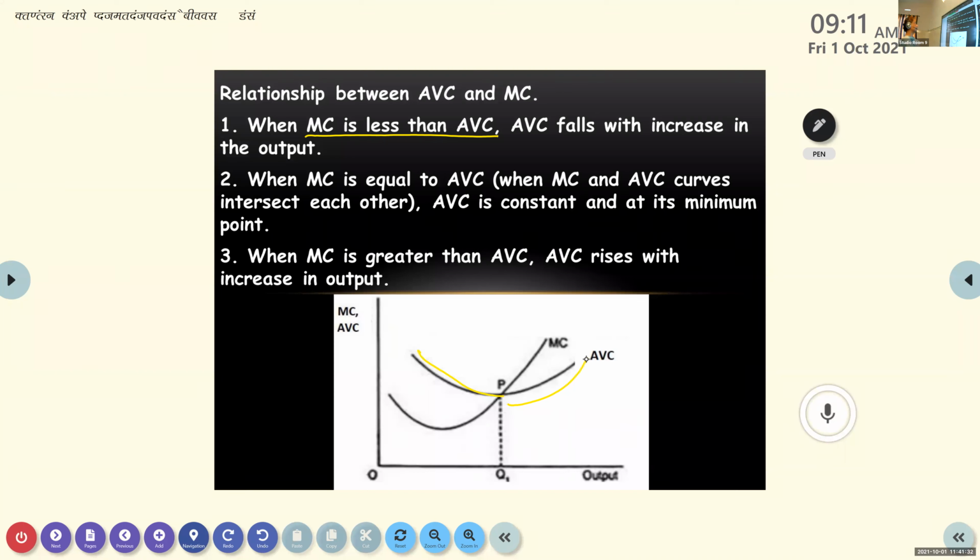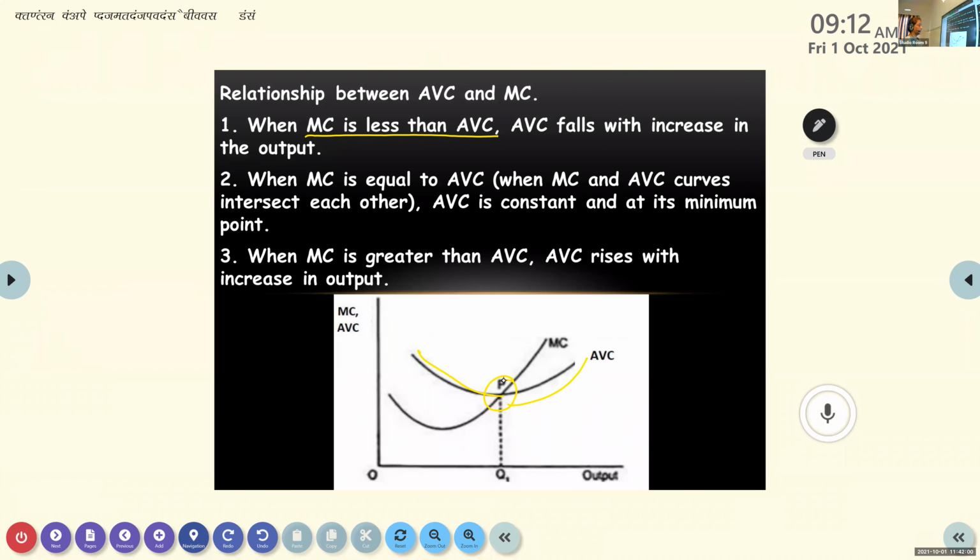Akshay, what are the types of relationship you can see between AVC and MC? When MC is less than AVC, AVC falls with increase in output. Okay. When MC is equal to AVC, AVC is constant at its minimum point.